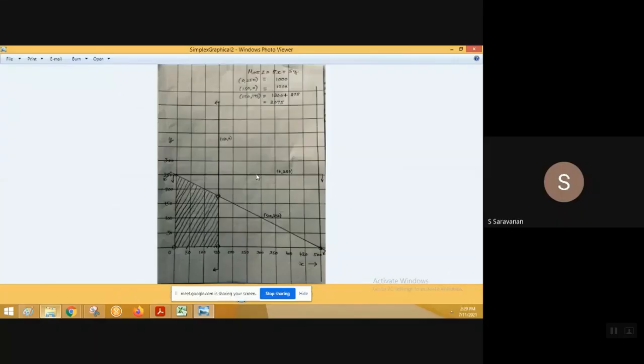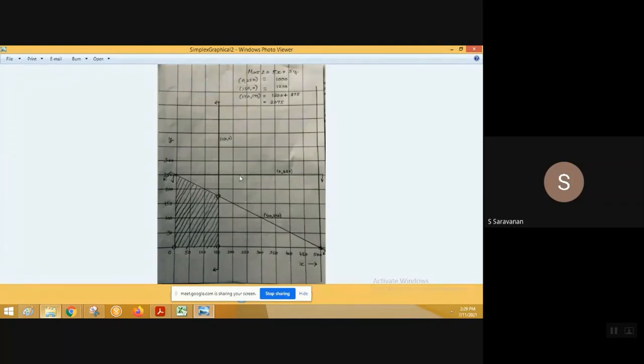So now we have three equations, and all three equations are again less than or equal to. When it is less than or equal to, your common area will always be towards the origin. See here, for the equation 0 comma 250 and 500 comma 0, this is the line. For this line, this is an area and this is also an area.